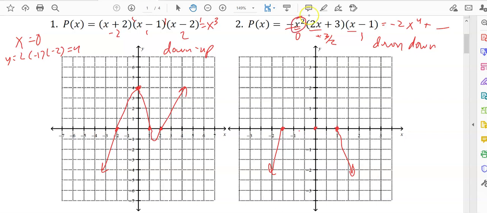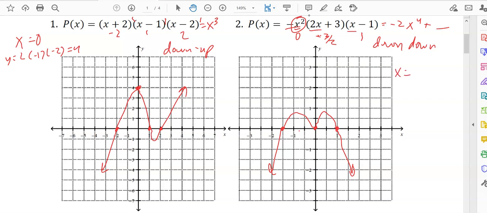It is going to bounce at 0. So it's going to go through here, and then it's going to bounce here and then bounce back up. It's going to look something like that. I think this is one where I probably need to plug in a point or two just to make sure I have a little more accurate graph. So I think maybe -1 would be a good value to plug in.